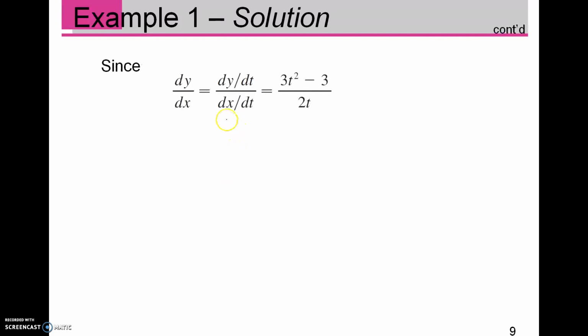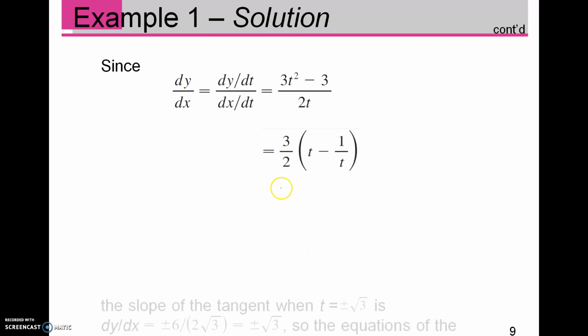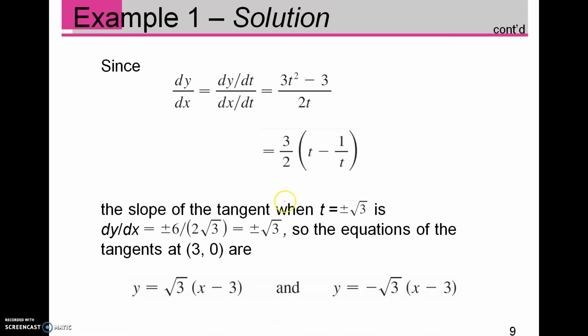Right. So we know that the slope, right, we want to find the slope, the derivative dy/dx, is just dy/dt over dx/dt. All right. So we go ahead and simplify that and plug in t equals plus or minus square root of 3.